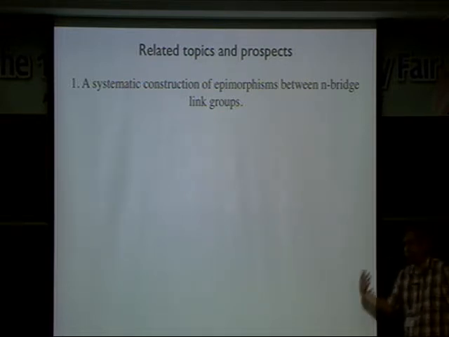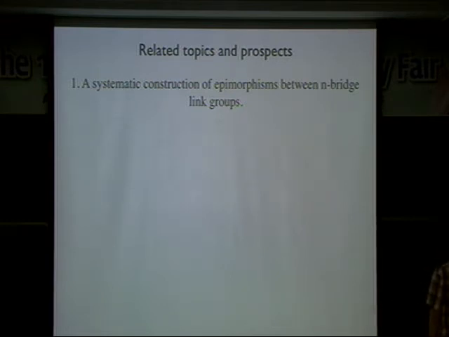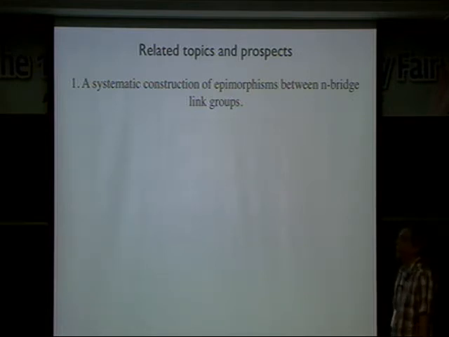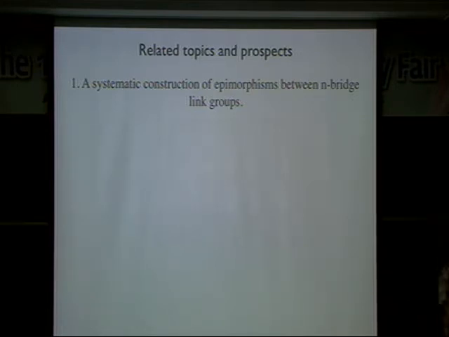For two-bridge link groups, there is the work of Ohtsuki, Riley, Sakuma, and also the work of Lee and Sakuma, and they systematically constructed the epimorphisms between the two groups. And what we'd like to do next is the same thing for n-bridge decomposition.